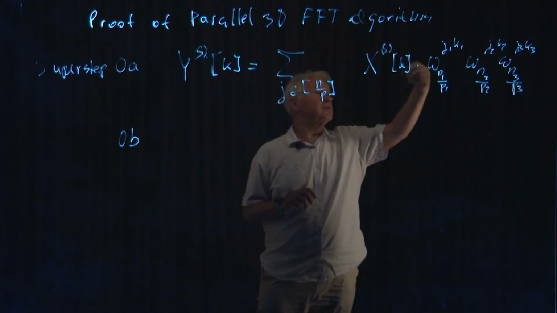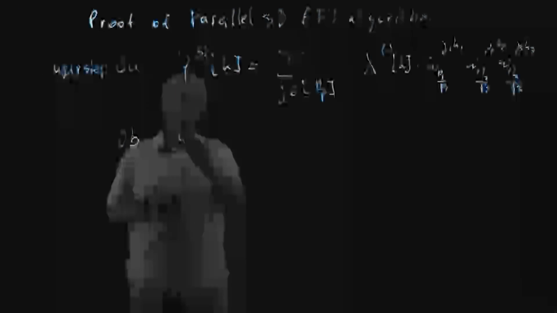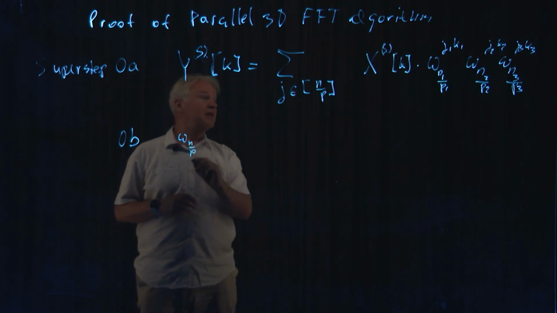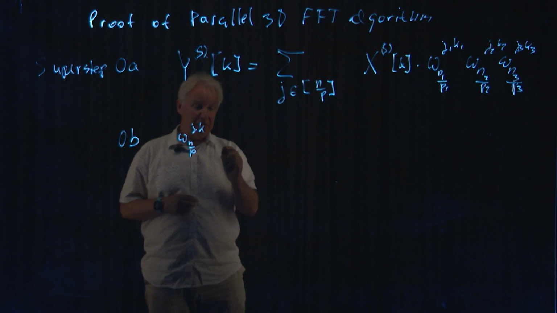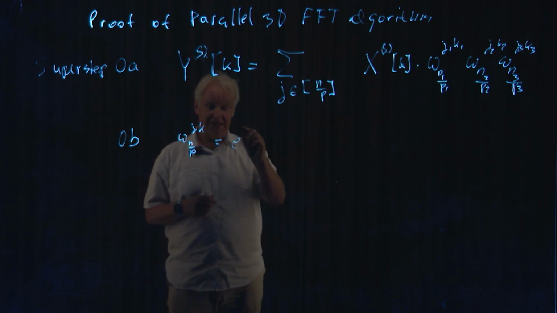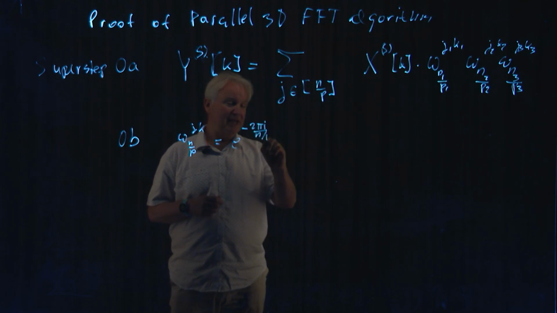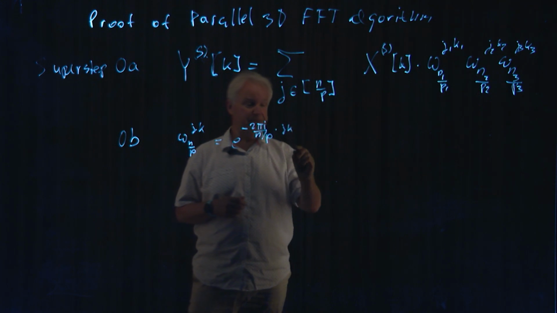So we want to look at what these omegas are, and the omega of n over p to the power jk, for example, for j1, k1, we can write that this is e to the power minus 2 pi i divided by n over p times jk.